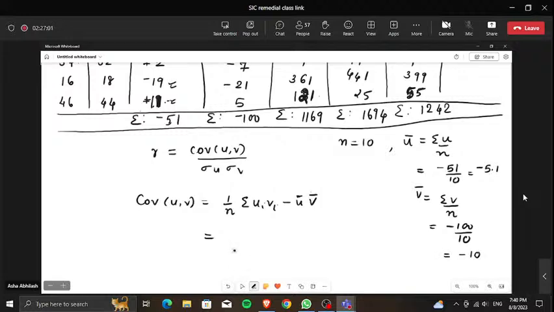So we have all the values with us. n is equal to 10, summation UiVi is 1242, U bar is minus 5.1, and V bar is minus 10. What is the value? Quickly find.